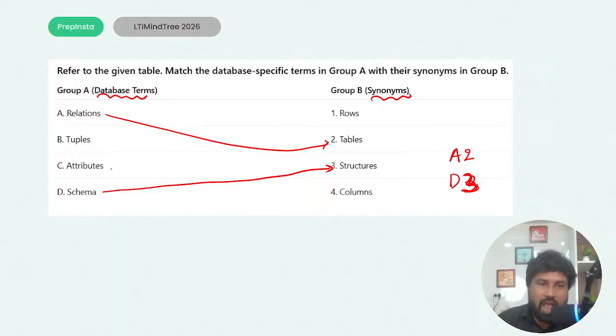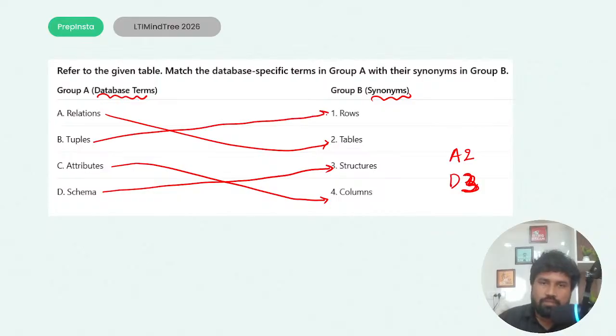And remember, attributes are nothing but columns and tuples are nothing but rows. So this is how you need to map, guys. Attribute means columns, tuple means rows, relation means tables, schema means structure.